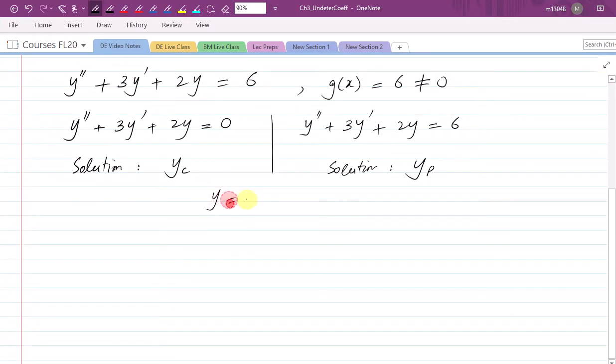And then we make a final solution, the general solution, by adding yc and yp. We already know how to find yc for this.